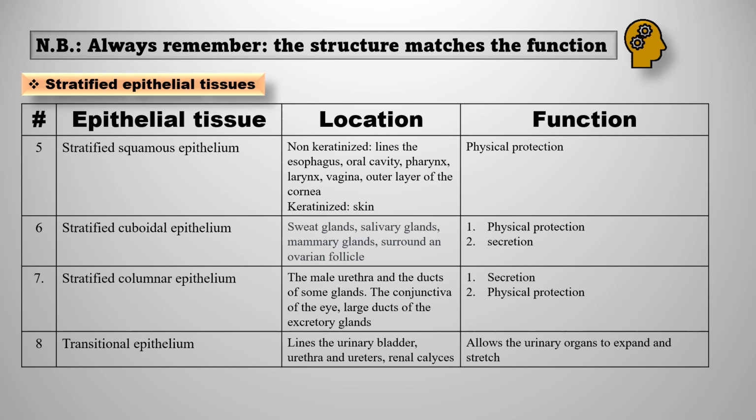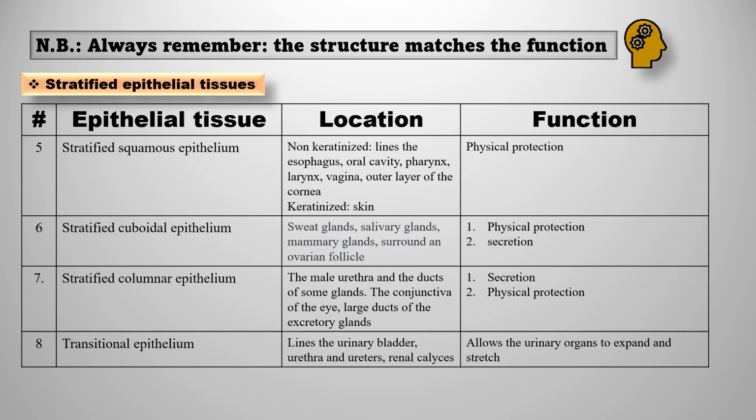So the non-keratinized lines the esophagus, oral cavity, pharynx, larynx, vagina, and outer layer of the cornea. Keratinized, we can see clearly in the skin. You see all our skin. Both of them, the non-keratinized and keratinized, function as a physical protective barrier.